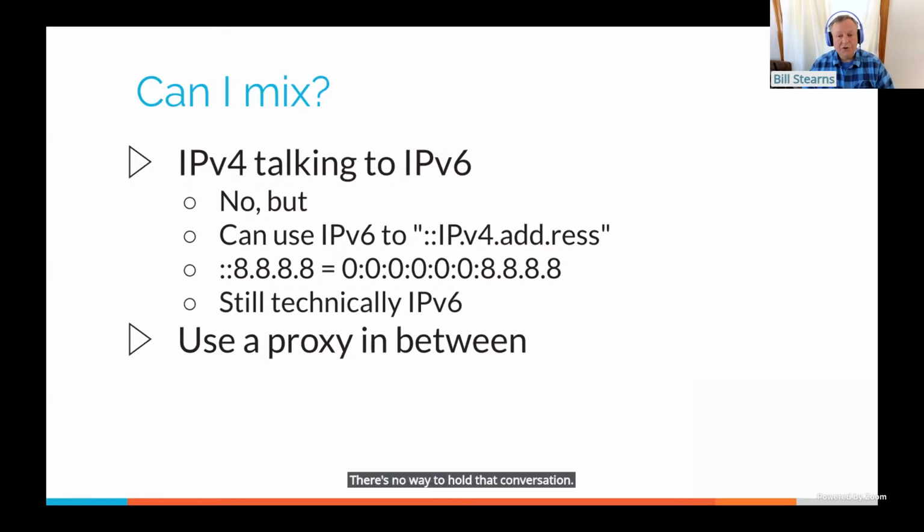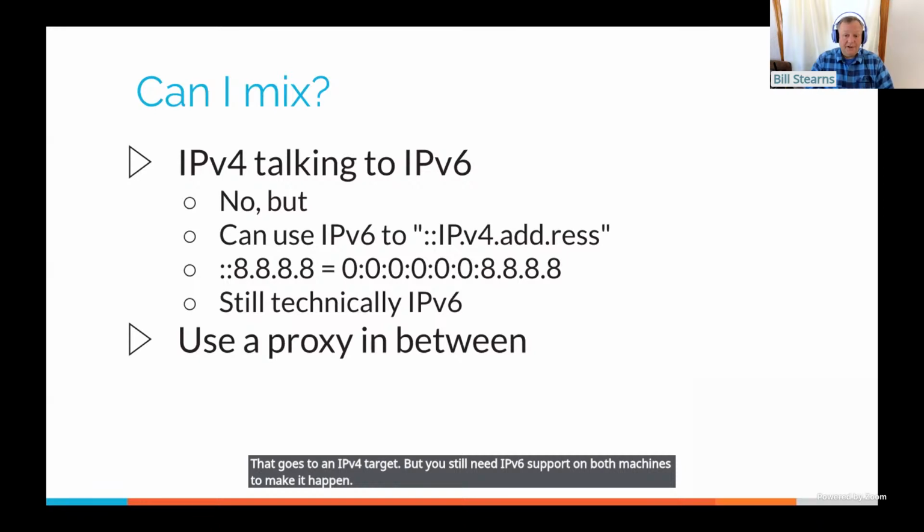The alternative is to put in a slightly different form of an IPv6 address that goes to an IPv4 target. But you still need IPv6 support on both machines to make it happen.